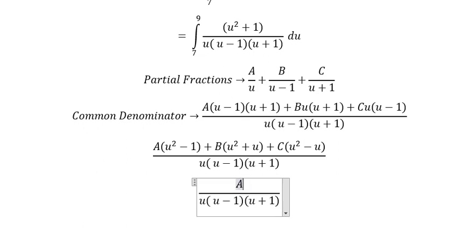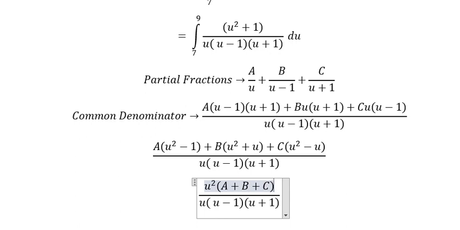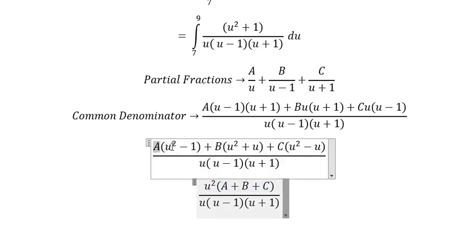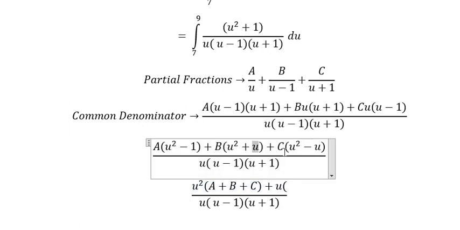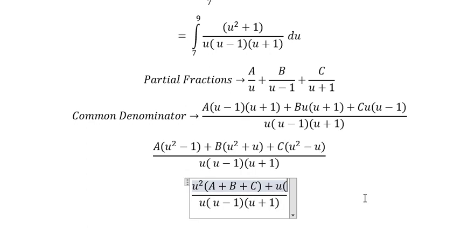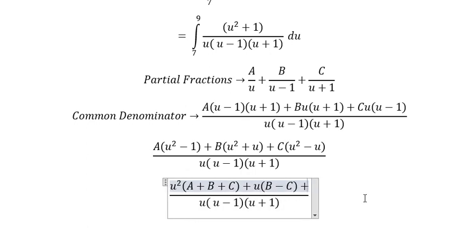About u square, we have A plus B plus C because A multiplied by u square, B multiplied by u square, C multiplied by u square. About u, that is about B with u, C with negative u, and we have B minus C. About the numbers, we have negative A.